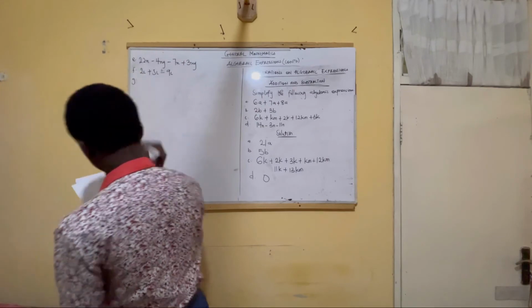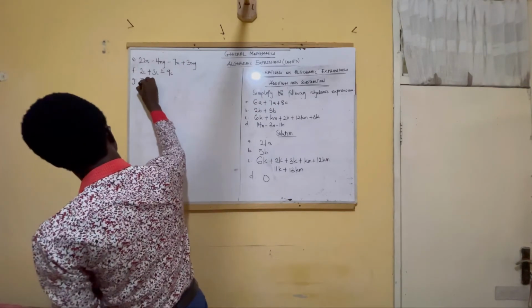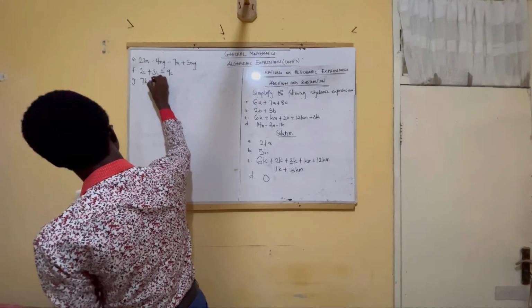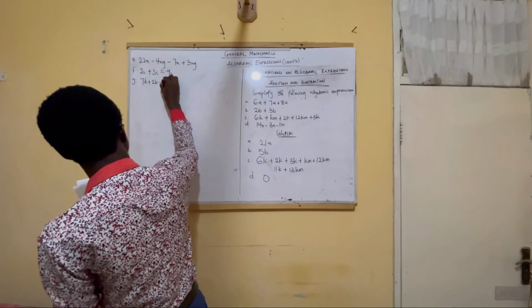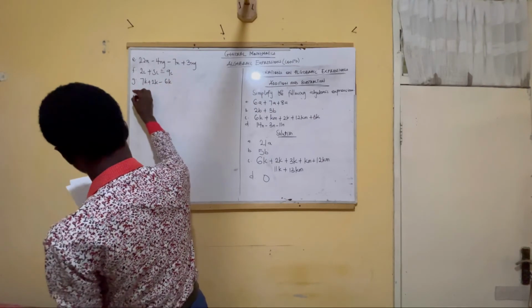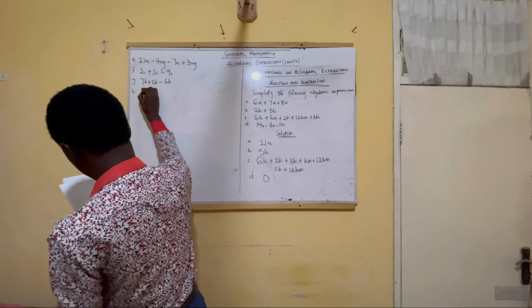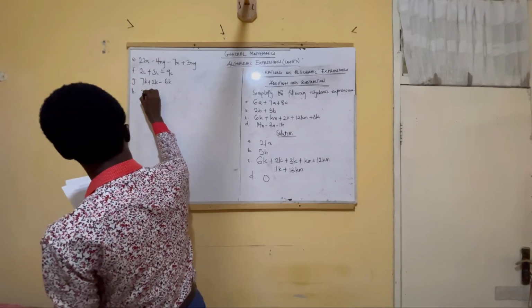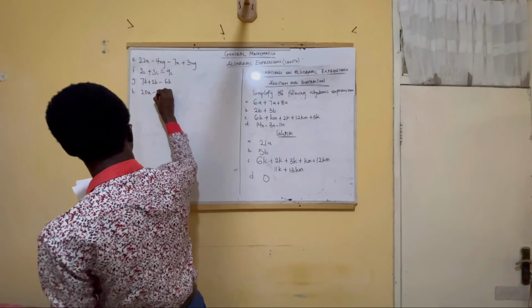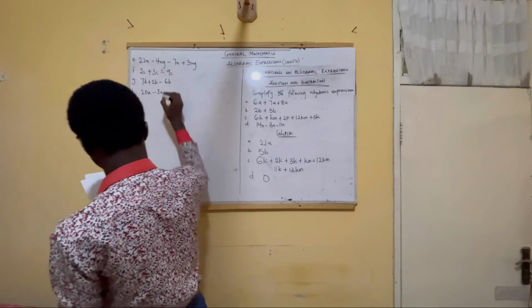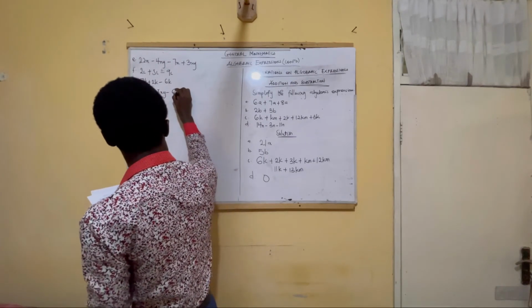AFG, what do we have? 7k plus 2k minus 6k. H, we have 20x minus 5xy minus 6x.